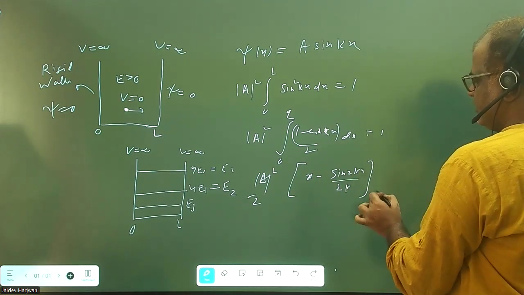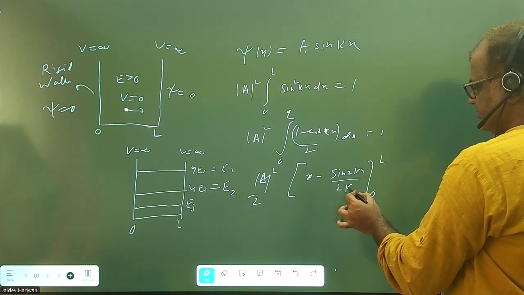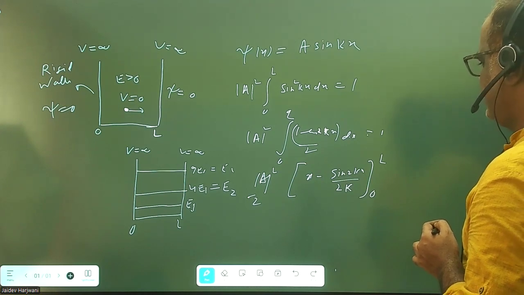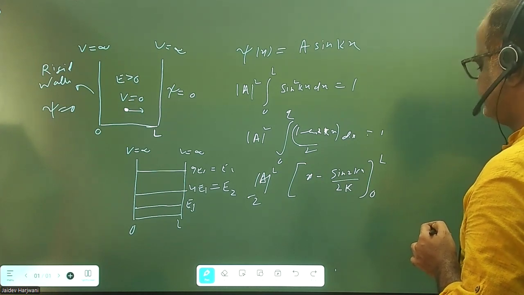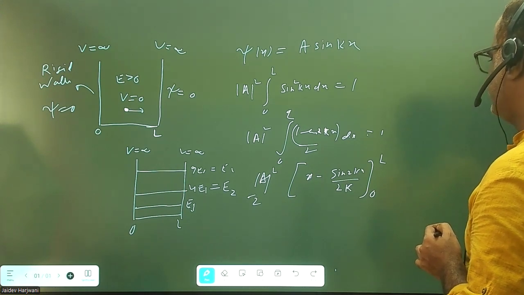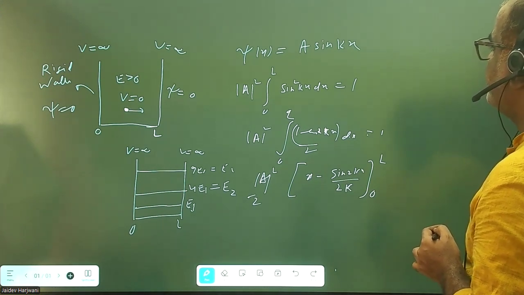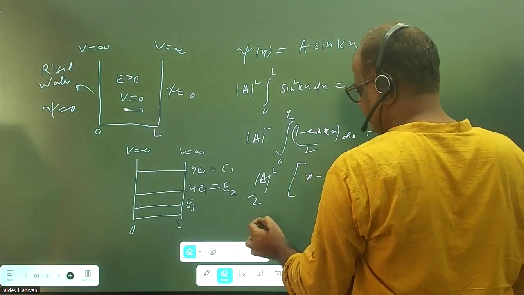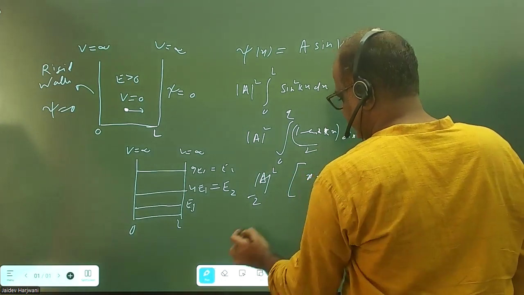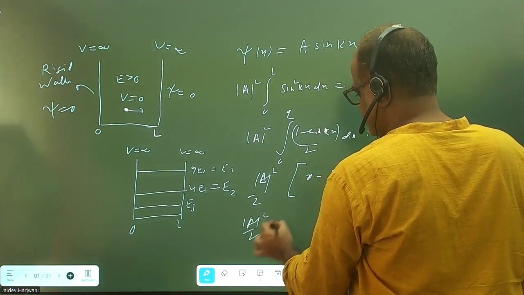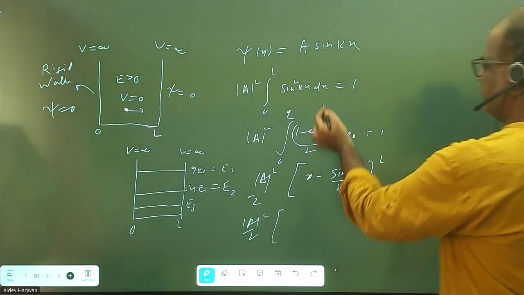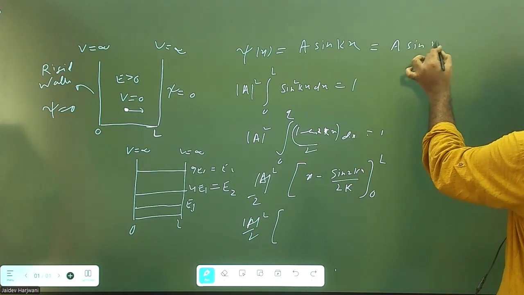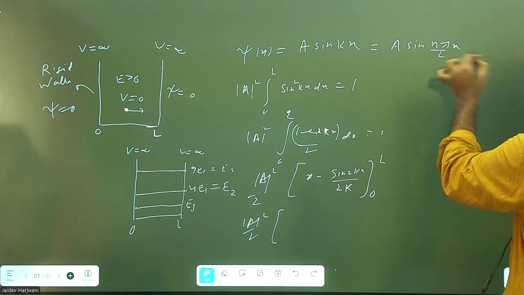And if you use now 0 to L length, what can we write here? First we have to write k. We know the value of k is n pi by L, so if you put the value of k here, it is basically A sin n pi by L x.